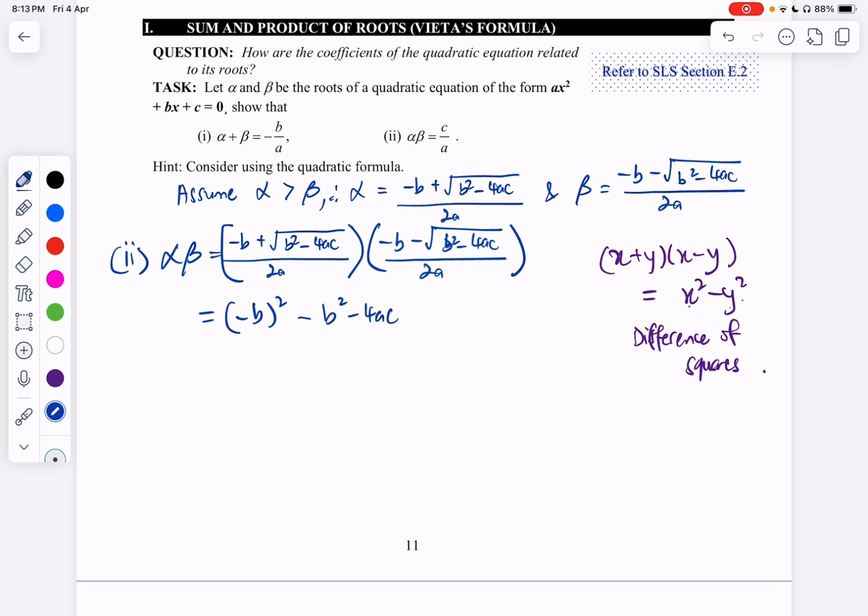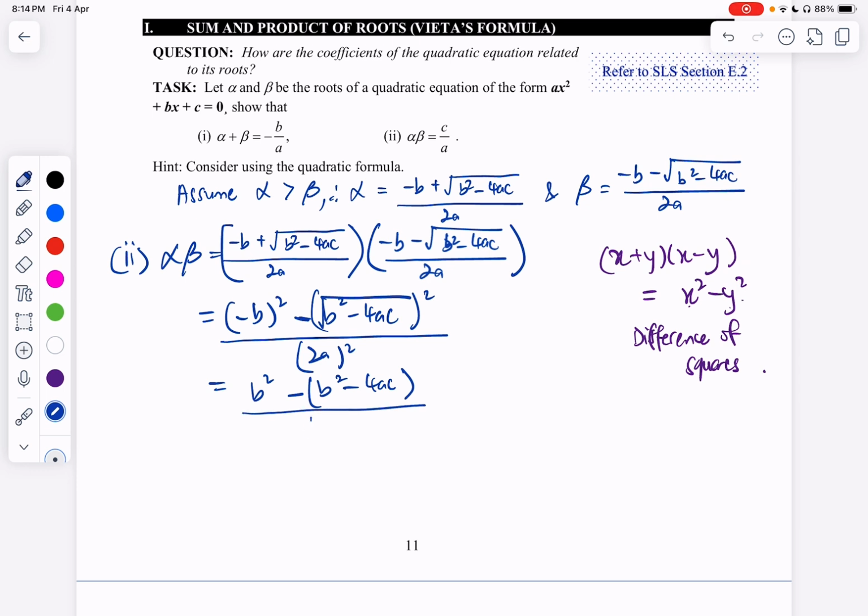Because it's inside a square root, when I square it, I will eventually not have the square root form at all. So this is my 2a squared. The final answer will be b squared minus, b squared minus 4ac. There is no square root because the square root sign and the square cancel each other, and this one will be 4a squared.